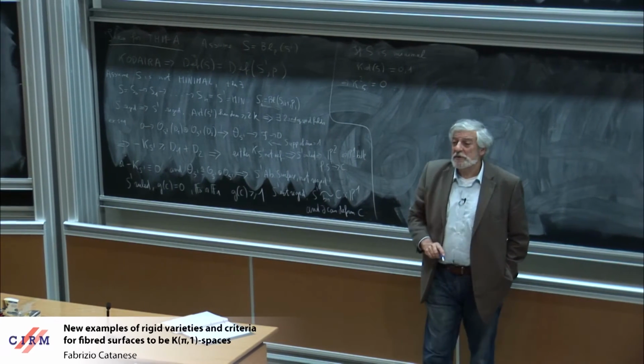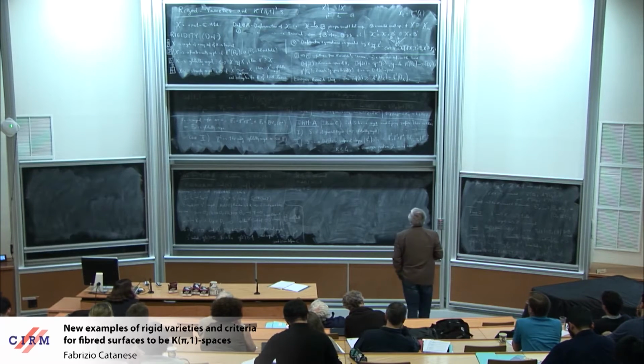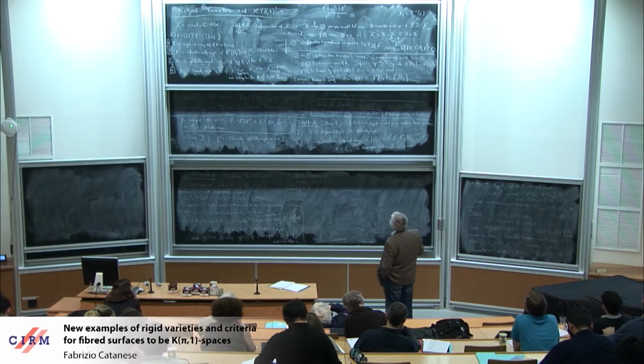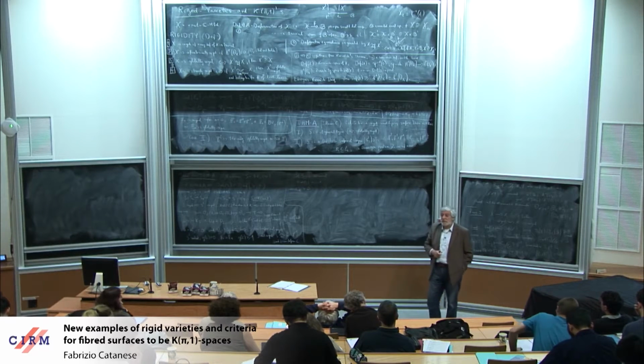Now I use this inequality of Enriquez: the deformation space has dimension at least 10 chi minus 2k squared, but k squared, which could have given trouble, is equal to 0.